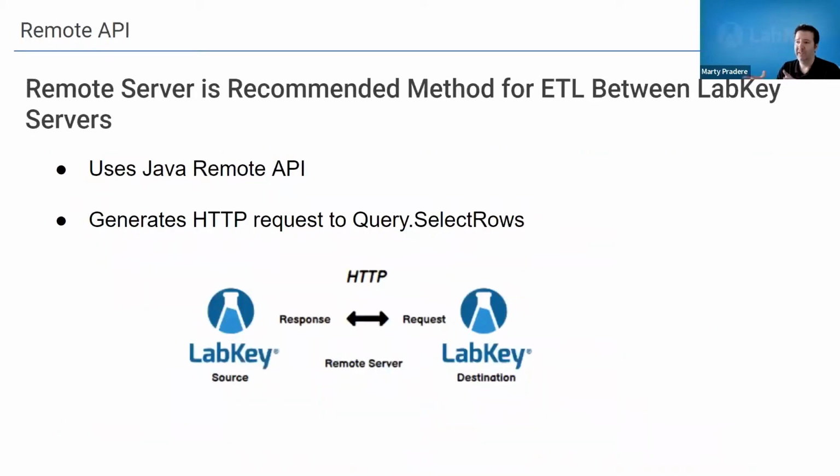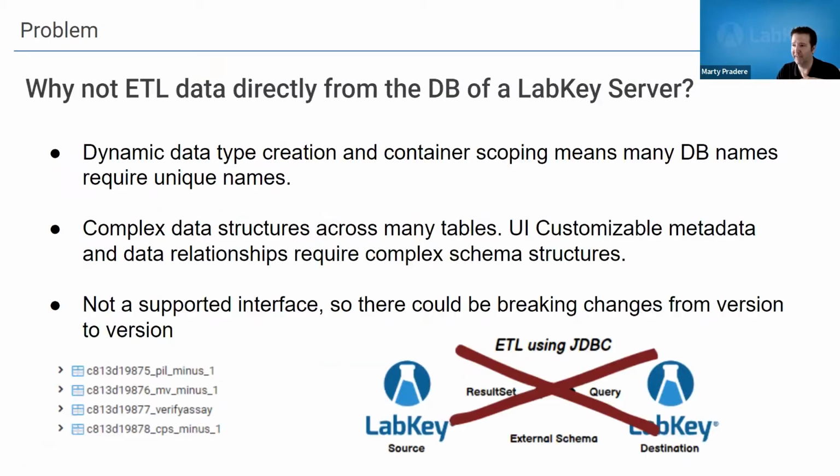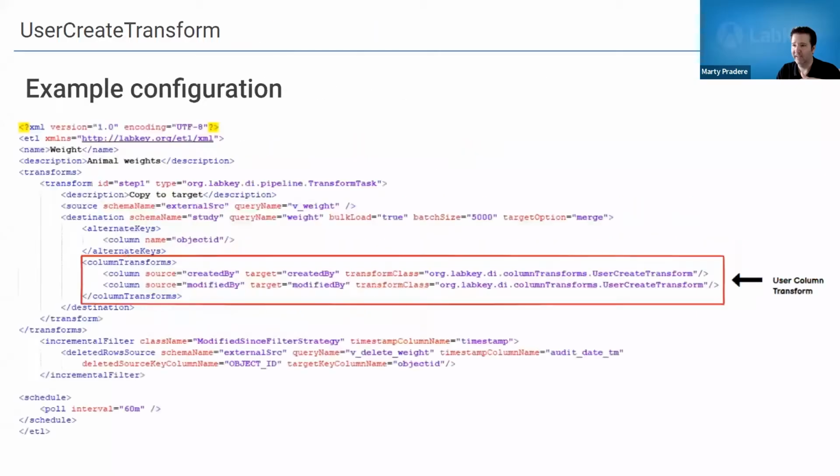So what we do for ETL is what's called a remote server. You set this up through the UI, and you just need the address of the server and a login. You'll have the exact same format for your ETL, just like this configuration, and all these settings still apply.